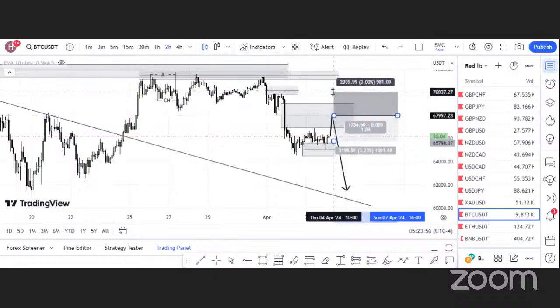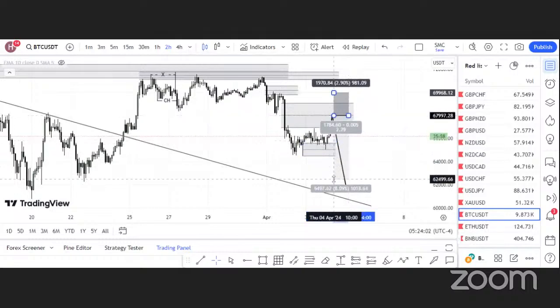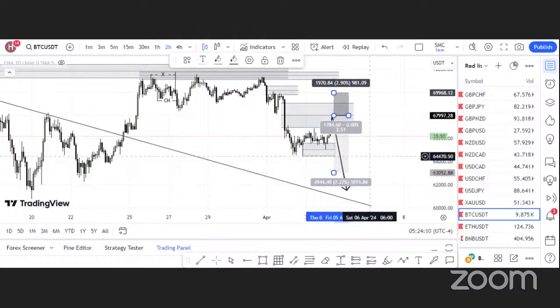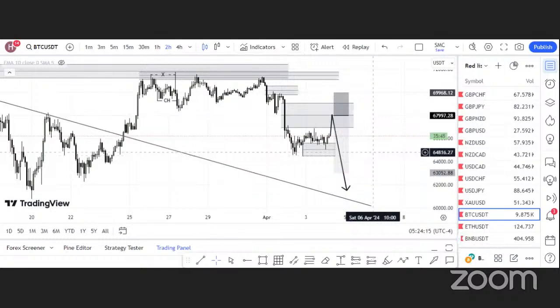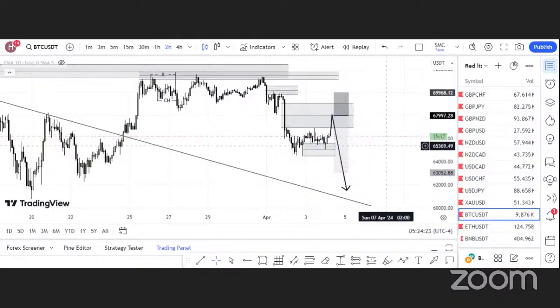This would be my stop loss, and this low will be my take profit level. See, I'm not going too far. This is a 2.5 risk to reward ratio. All right, so if I'm risking one here, I'm looking to make 2.5, right? So that's just a simple explanation.